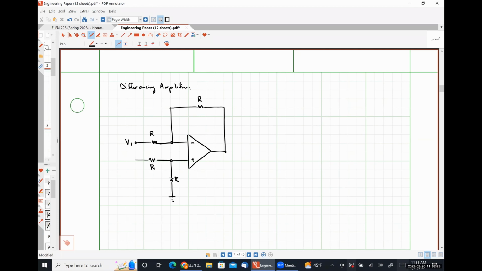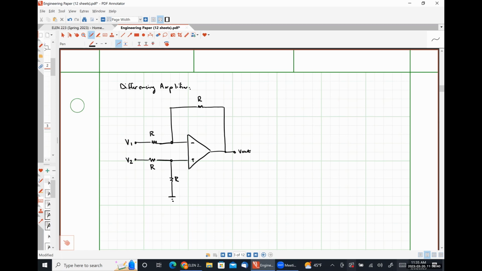And then we have a fourth resistor, also R, between the non-inverting input terminal and our input signal V2. Here is where we are going to take our output.